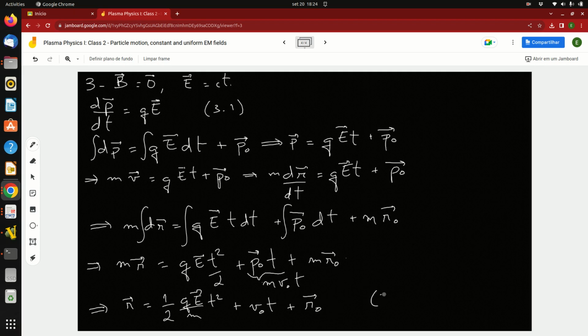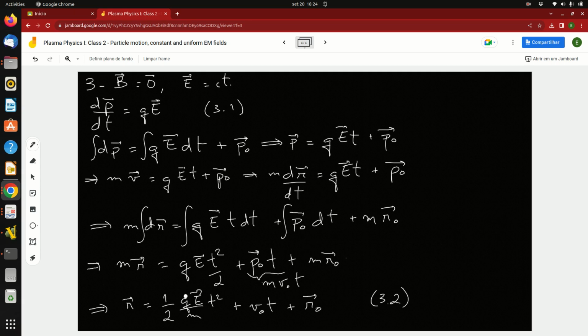Okay, this is 3.2. You can see that QE over m is causing acceleration in the particle. Why am I saying this? Because of equation 3.1. Because here we have mass times velocity, which is the momentum, right? So you have dv dt is equal to QE over m.